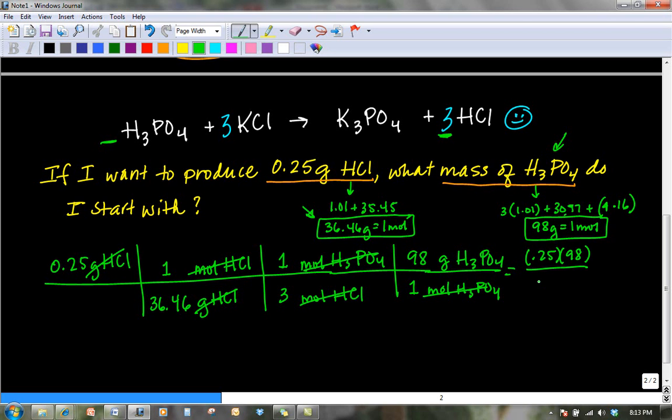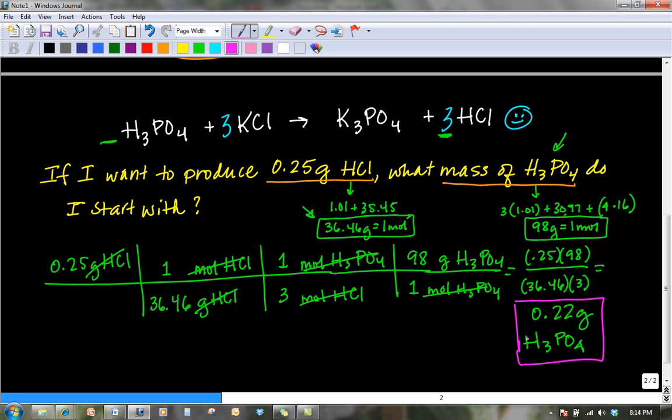So I have 0.25 times 98. I'm going to divide that by 36.46 times 3. And when I do that, I get 0.22 grams of H3PO4. And this is my final answer.